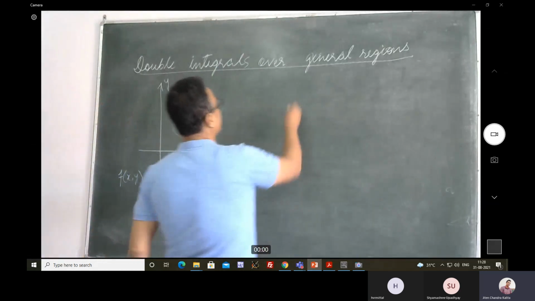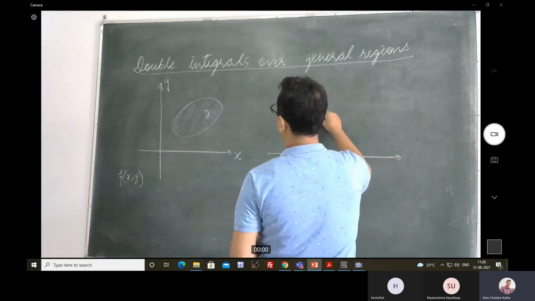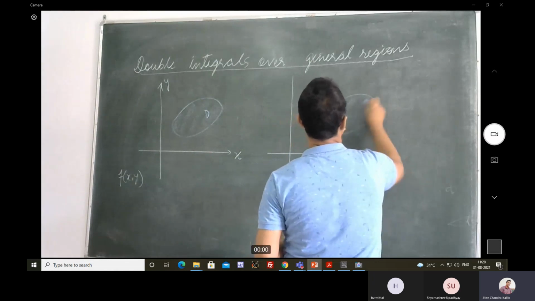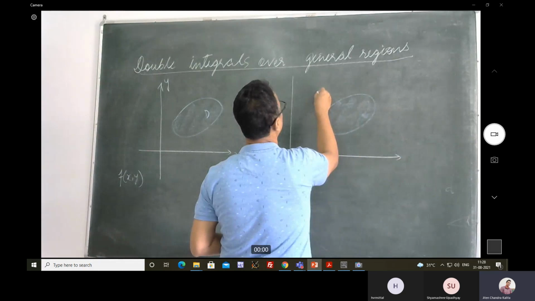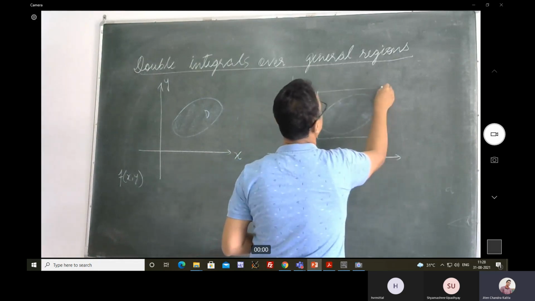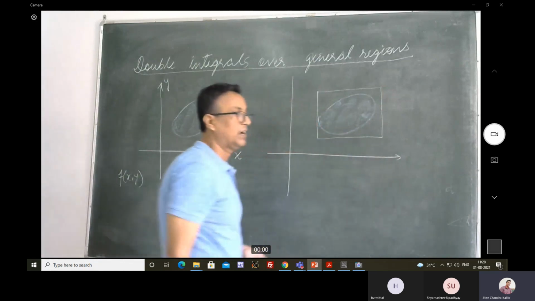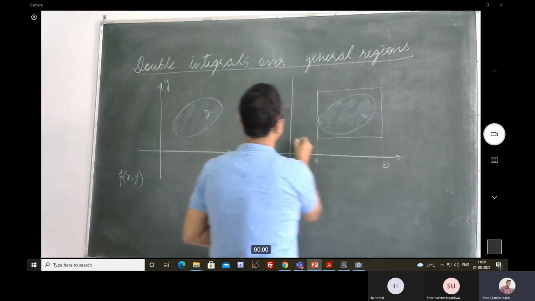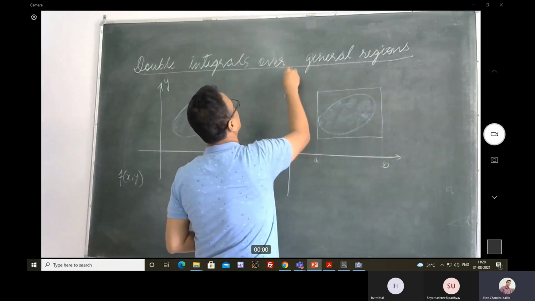So then, suppose this was my region. I'm going to enclose it inside a rectangle, say this.